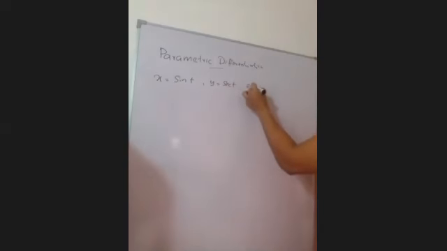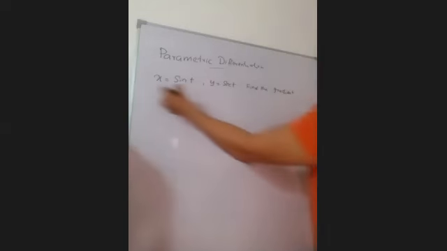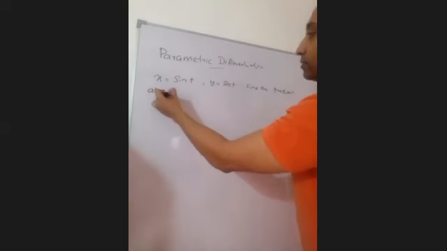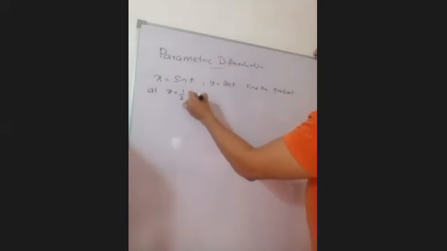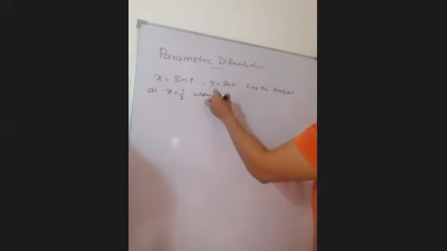They ask us to find the gradient at x equals half, where t is between 0 and pi by 2. They might give this condition. Right. Then how are you supposed to do this kind of a question?